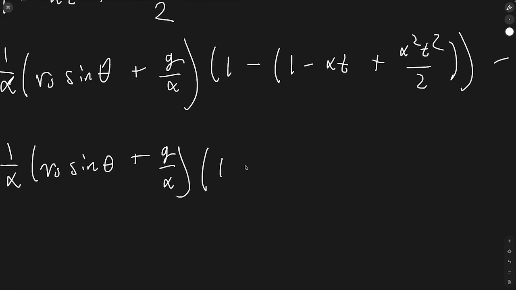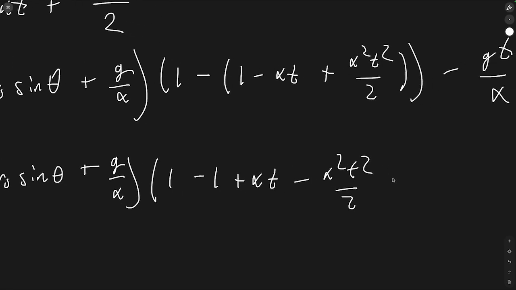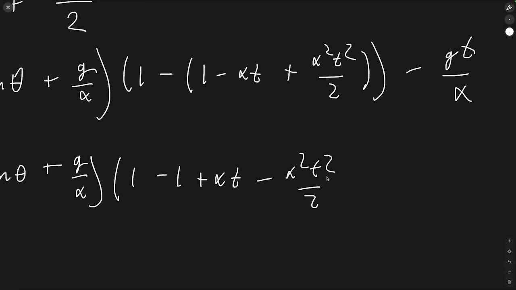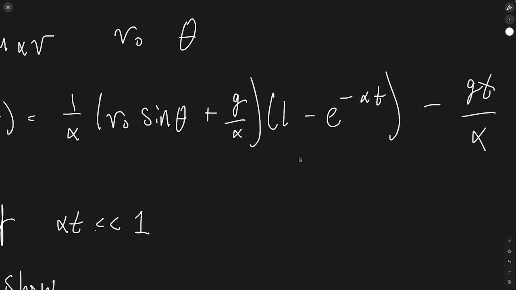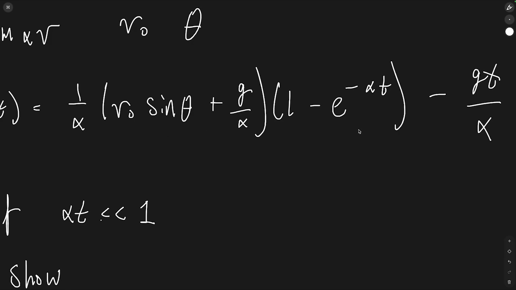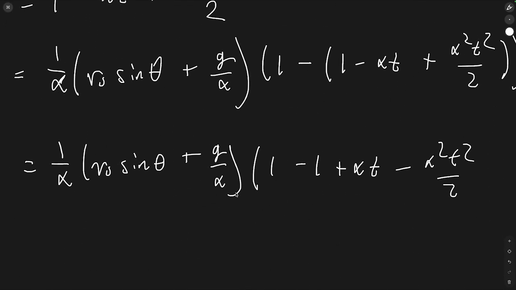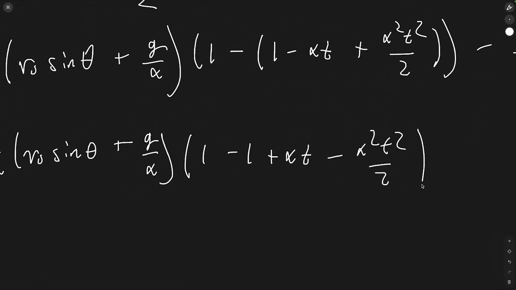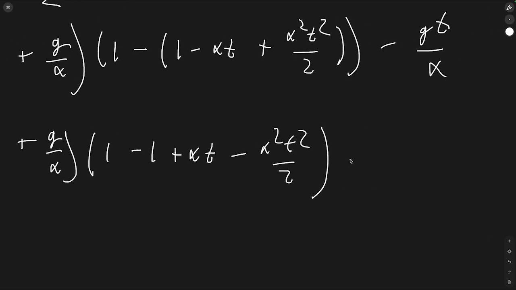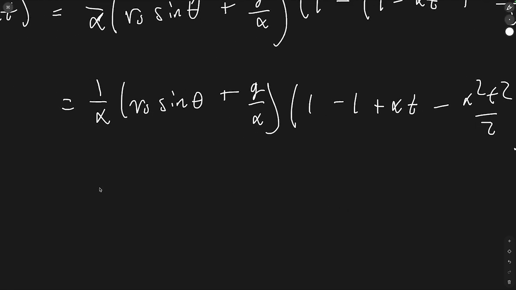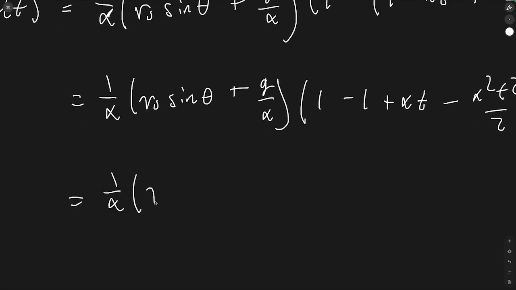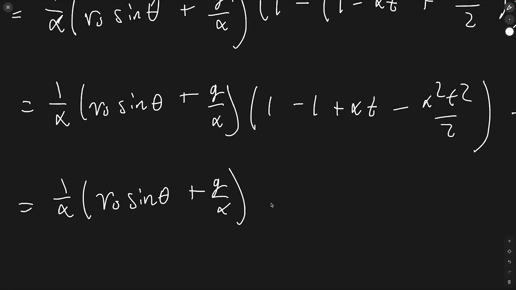So, okay, 1 minus 1 plus alpha t minus alpha squared t squared over 2. I wonder if I need this term? Maybe not. This minus gt over alpha is a separate thing. This is all one term, and this is the second one, okay? Now, simplify this by just writing 0 here.